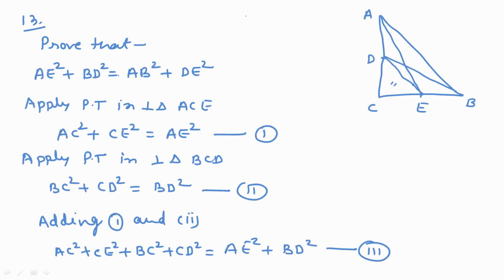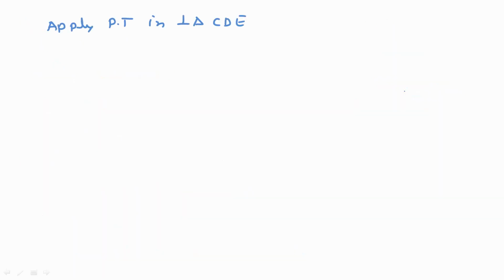We obtain that CE square plus CD square is equal to DE square.